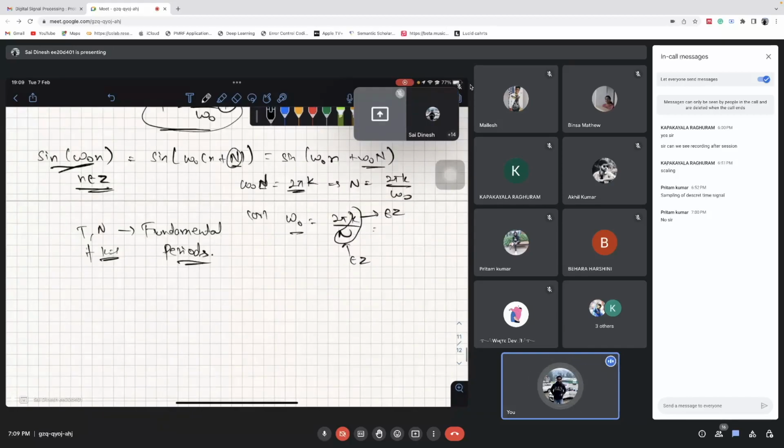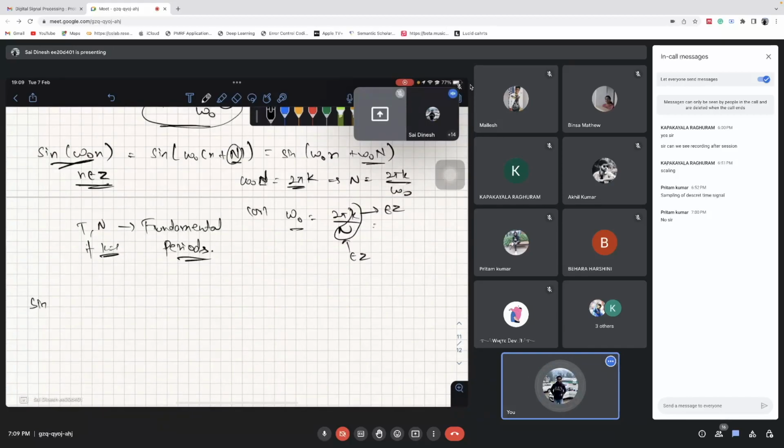What does that mean? Say we have sin omega naught n, and we increase omega naught by 2 pi. Then (omega naught plus 2 pi) n is equal to omega naught n plus 2 pi n. Since n is an integer, 2 pi n is an integer multiple of 2 pi, which is again equal to omega naught n.